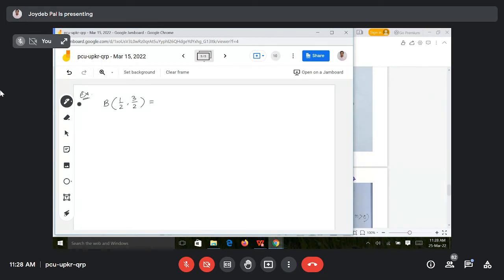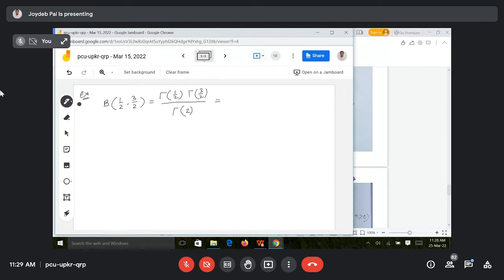But by the property, beta m, n is equal to gamma m into gamma n divided by gamma m plus n, you can find it easily. So according to the formula, that is gamma half gamma 3 by 2 divided by gamma of 1 by 2 plus 3 by 2, which means gamma 2.